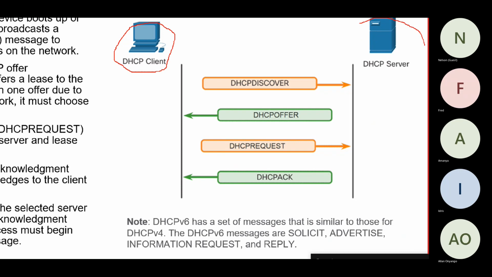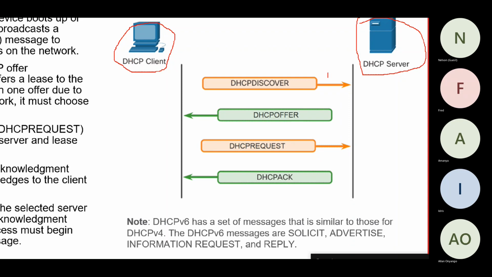So the moment your computer is powered on, the first device it needs to communicate to is a DHCP server, and it sends a broadcast message to any device that is a DHCP server in the network. And so there are 4 messages that are used by your PC or laptop or mobile phone to communicate with the DHCP server available in the network in order to acquire IP information.